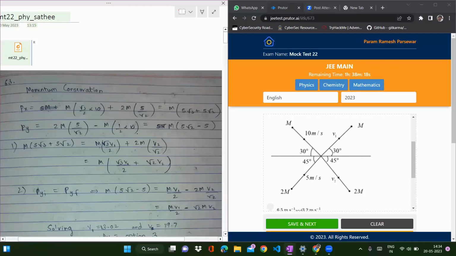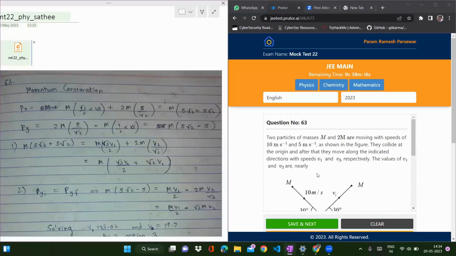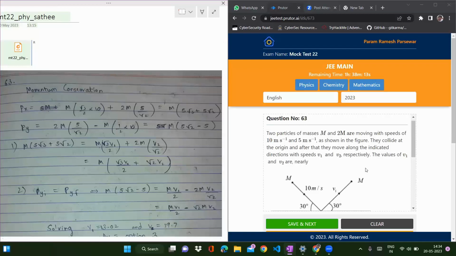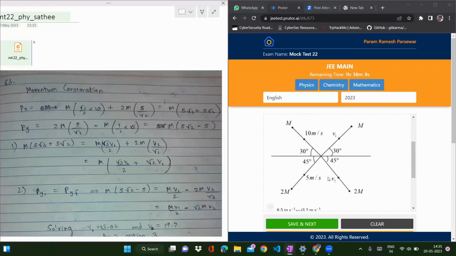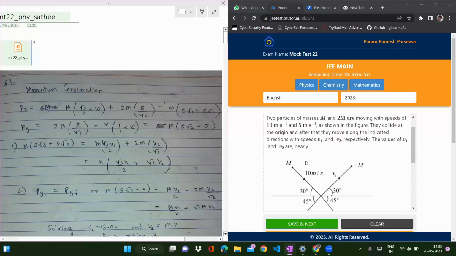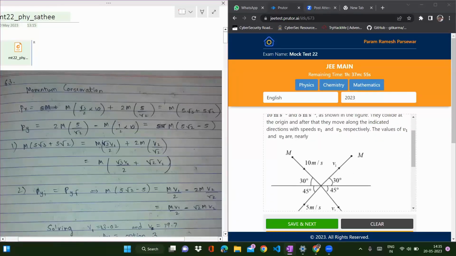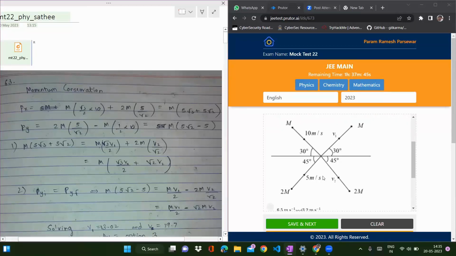So here is the solution. In this question, we need to just apply momentum conservation in the x direction and the y direction, and we will get two equations from which we will solve v1 and v2. So the first equation is Px equals m into root 3 by 2 into 10. The x component of the momentum is taken by m into the velocity, 10 meter per second, into cos 30 degrees, and 2m into 5 cos 45 degrees, which comes out to be this.